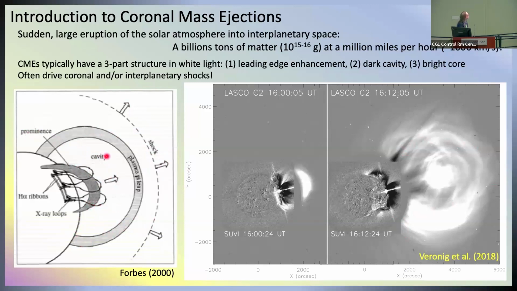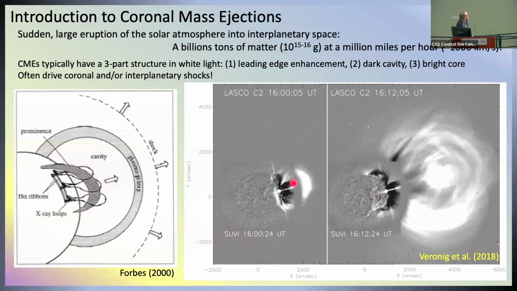Then there's a darker cavity, and then there's a bright inner part that's dense as well. This is called the core. It's typically thought that any erupting prominence or filament material, which you can often observe erupting into white light, becomes that core.